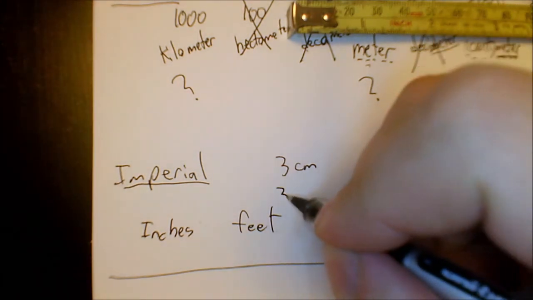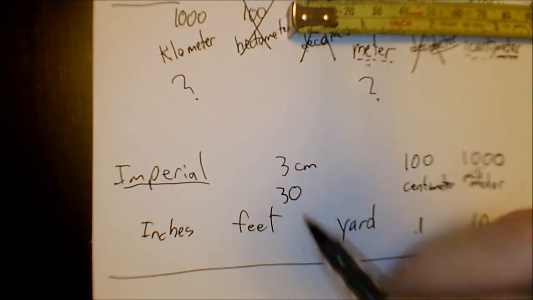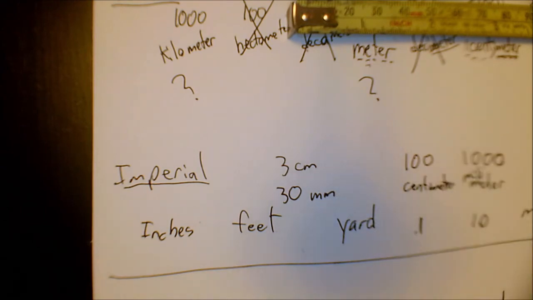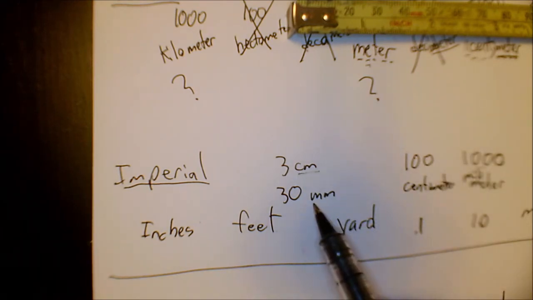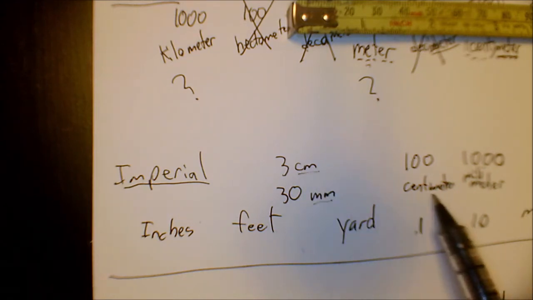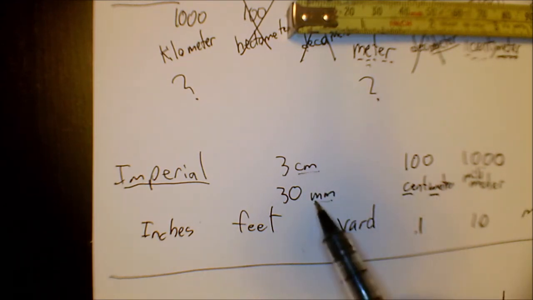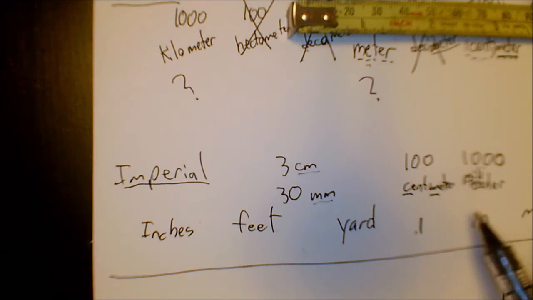Well, we have 30, we add a 0, millimeters. And if you notice, I'm using a shorthand for both of those. cm is centimeter. Millimeter is mm.